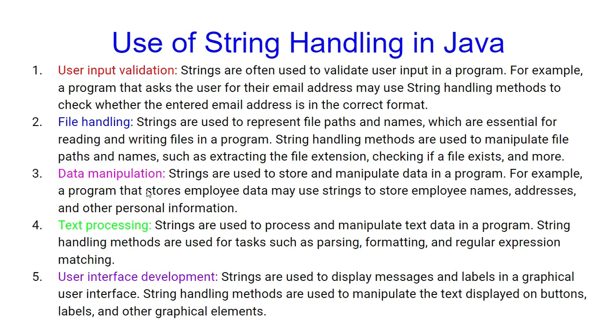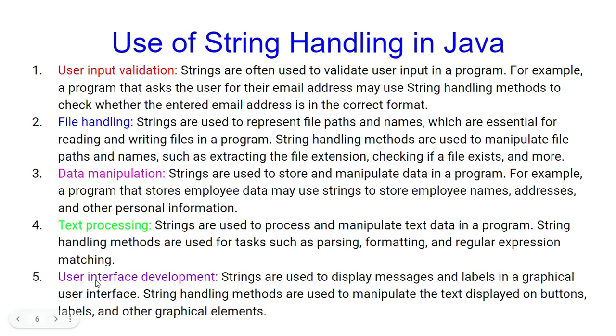Text processing. Strings are used to process and manipulate text data in programs. String handling methods are used for tasks such as parsing, formatting, and regular expression matching. So really I am saying string is very important in the entire project. Okay. User interface development.